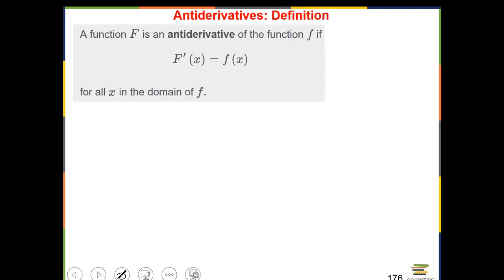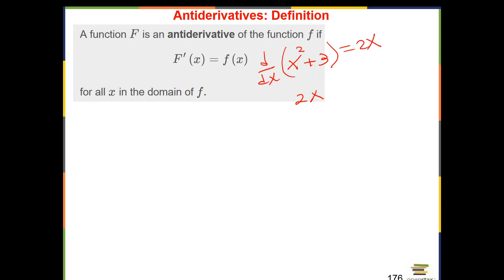Okay, so it's a family of functions whose derivative is what? 2x. All right, so a function capital F is an antiderivative of the function f if you take the derivative of it, then you get f for all x in the domain of f, right? So when I say x squared plus 3 is an antiderivative of, let's say, 2x, yes, if I take the derivative of this, what do I get?